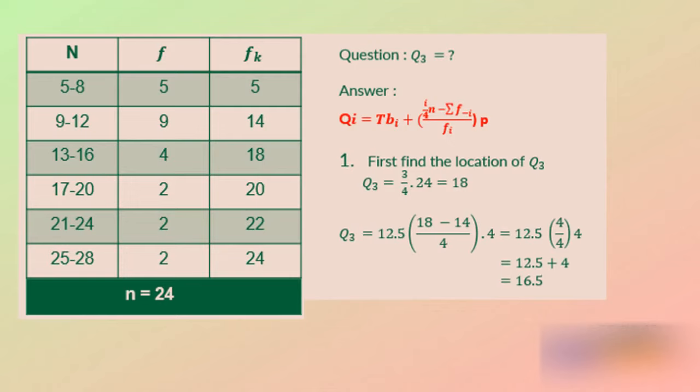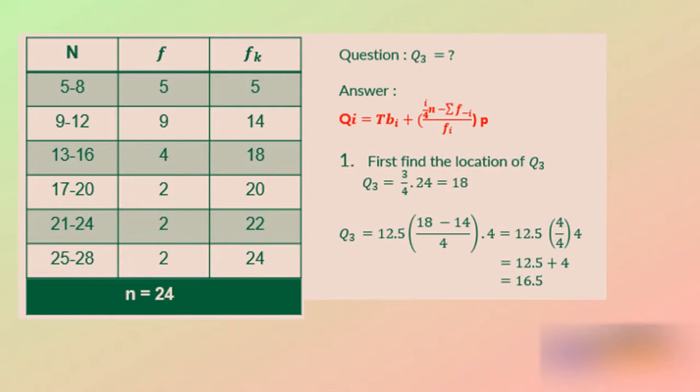We have got the result which is 18, minus FK3, meaning the cumulative frequency before the Q3 class, which is 14. Then here it is written 18 minus 14, divided by fQ3, the frequency of the third quartile class, which is 4.